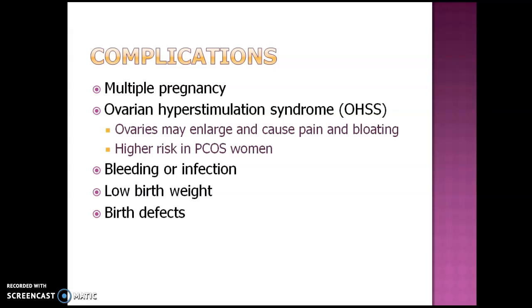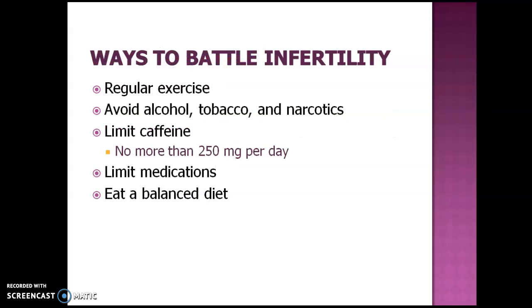Ovaries may enlarge and cause pain, there may be bloating and some bleeding, and there is a higher risk of PCOS in women. Bleeding or infection can be seen, and even if pregnancy happens, the fetus may have low birth weight, and there may be some birth defects to some extent. It's not a very high risk, but there are risks like this.